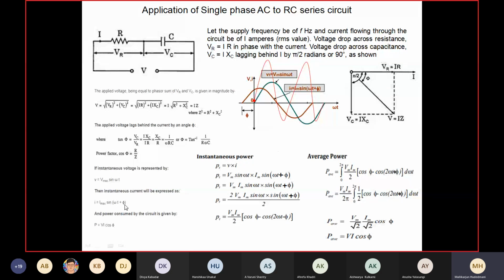It begins advanced by an angle phi. You can see here the 0 mark, and it is advanced backward by an angle of phi. It has begun before the 0 mark and makes the cycle here. Brown or orange you can see here. This is called current. Current in a capacitor circuit is leading ahead of the voltage by an angle phi.